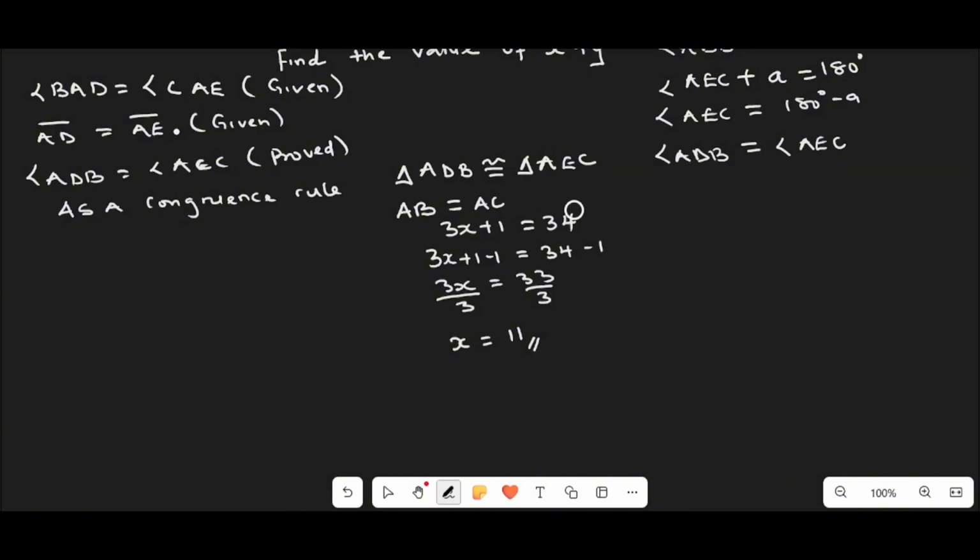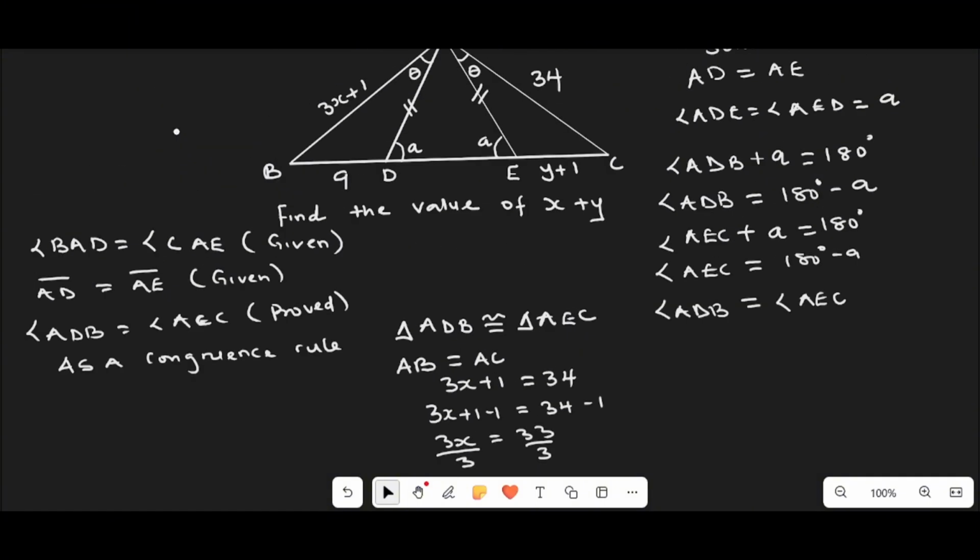I have said earlier that corresponding sides of congruent triangles are equal. So I can also say this side EC is equal to DB. So let us substitute their values. y plus 1 equals 9.